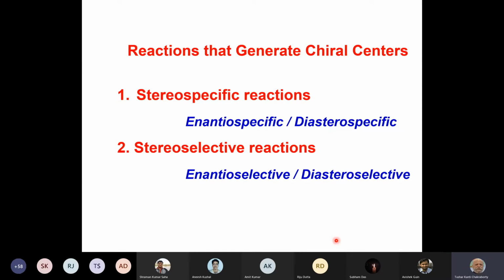So we will learn a lot of reactions where we generate the chiral center. As I said, chiral centers can be created only in the presence of a chiral environment.